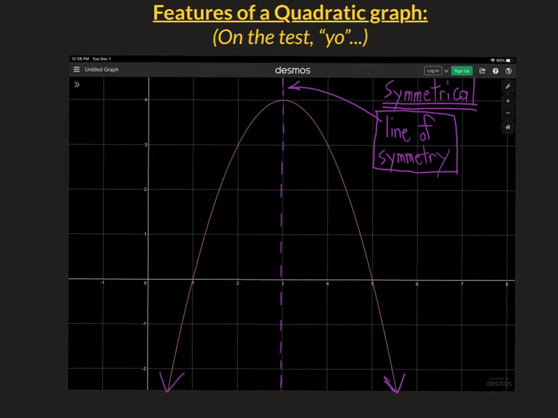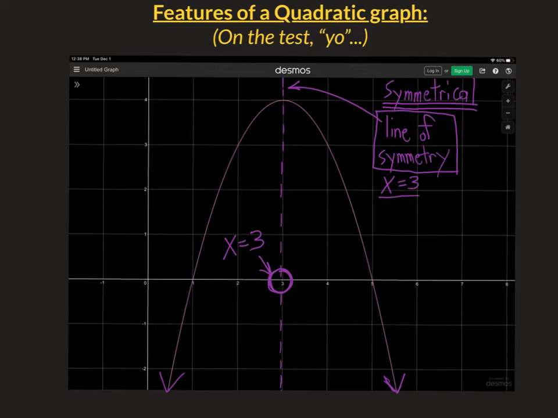And so our line of symmetry is at an x value of 3. So remember, this goes back to our lines. When we draw vertical special case lines, we ask ourselves, what does it cross, x or y axis? Well, it's crossing the x axis. Where is it crossing at? It's crossing at 3. So that vertical line is x equals 3. So our line of symmetry is at x equals 3.